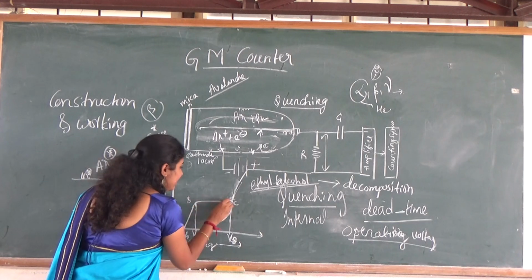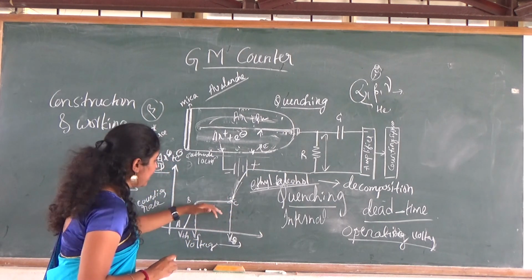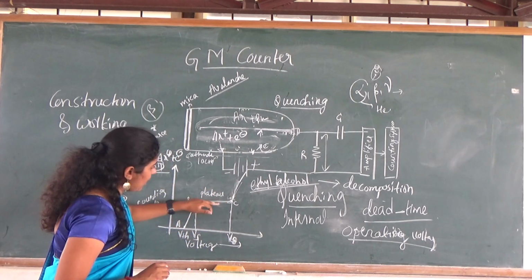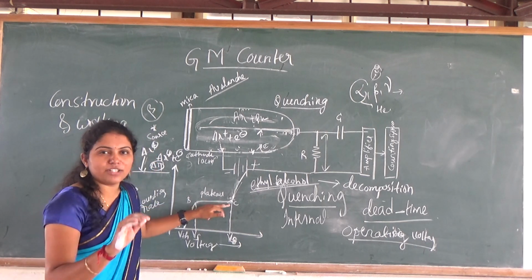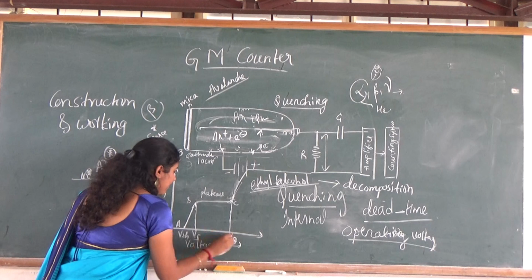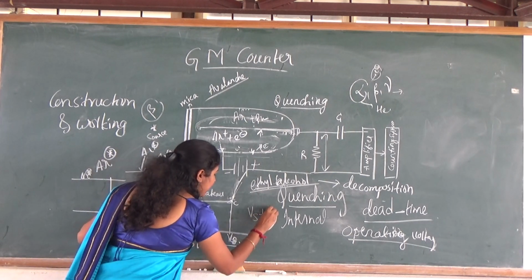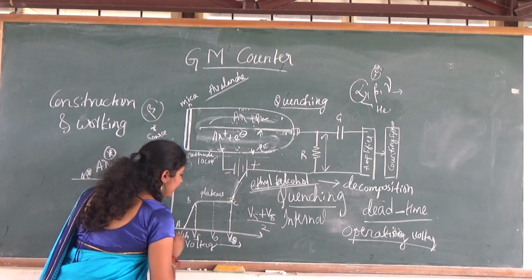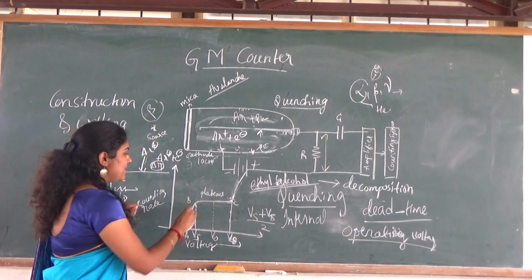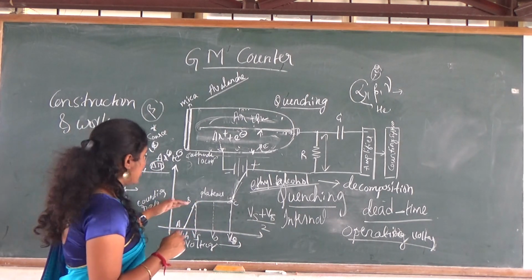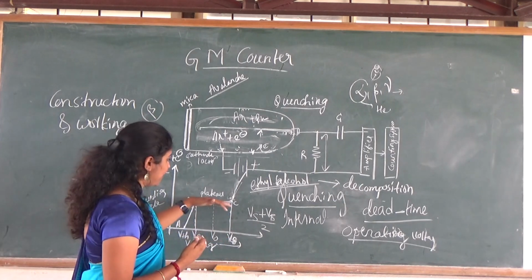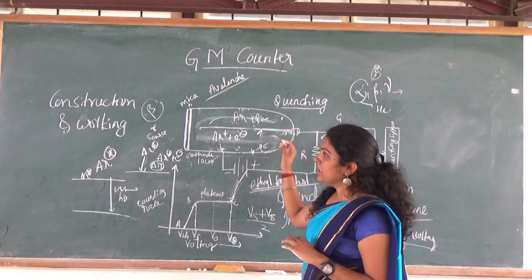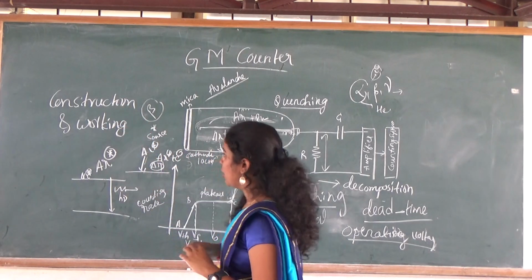We refer to this line on the graph as the plateau region, because it has almost constant counts. If we take the starting voltage plus the breakdown voltage divided by 2, we get the average voltage, which we call the operating voltage. The greater the plateau region, the better the GM counter is working.